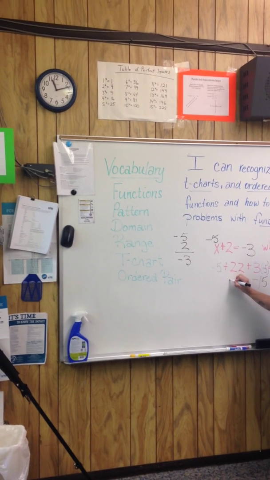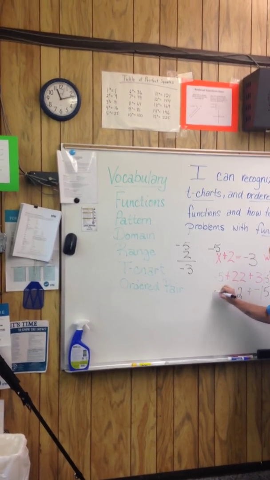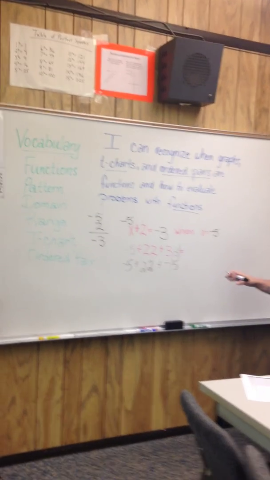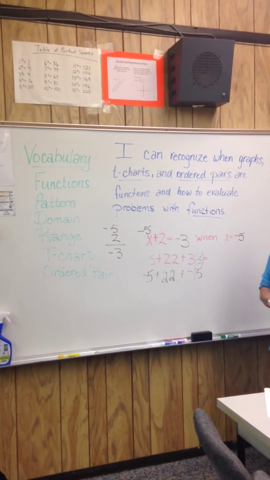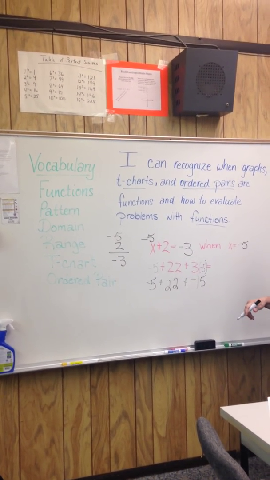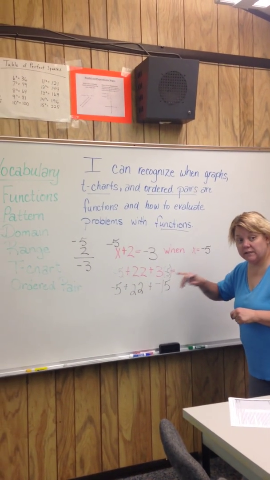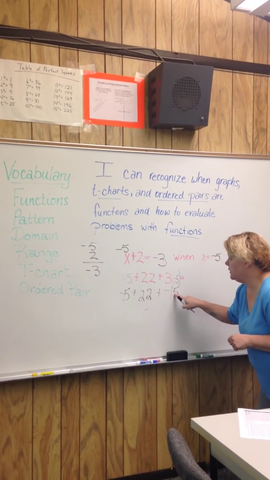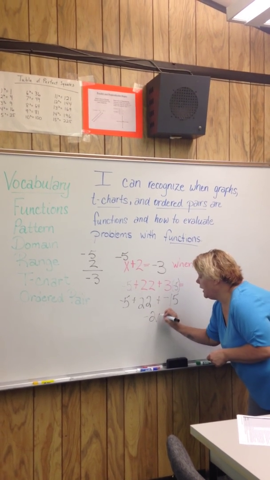And again, I usually take the long way with this, so bear with me. So then how would we solve from there? Then we put negative 5 plus 22 plus negative 15, which will be... Well, think about it this way. Let's combine our negative 5 and our negative 15, which gives us negative 20.